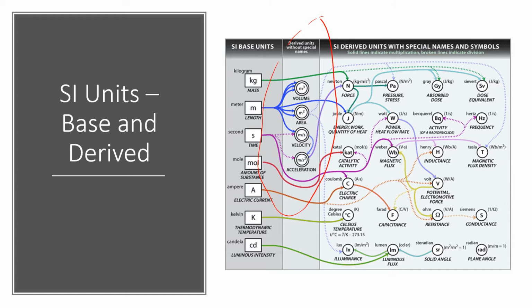On the contrary, we have our derived units with special names. That's all the ones here on the right-hand side. So, for example, and we talked about this previously, a Newton is a unit of force, and it has units of kilogram meters per second squared. And the joule has units of Newton meters. Or, as I pointed out before, you could use the units kilogram meters per second squared times meters, because for the Newton we can just substitute in that value.